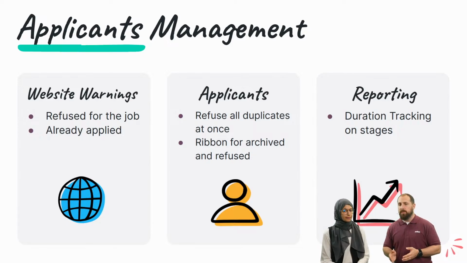So now we've automated this, and it's possible for you to refuse all the applicants at once. Also, we've worked on standardizing the way we show archived and refused applications, and we also added some filters for that. So it's easier for you to find them back.